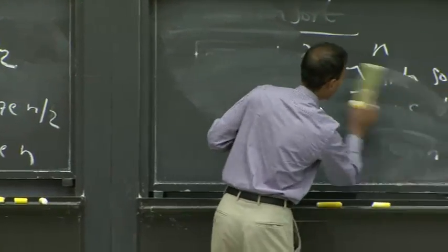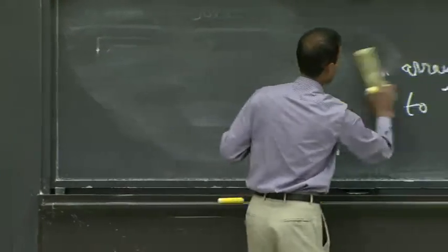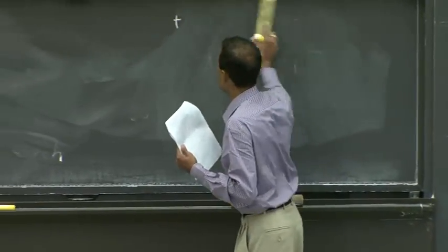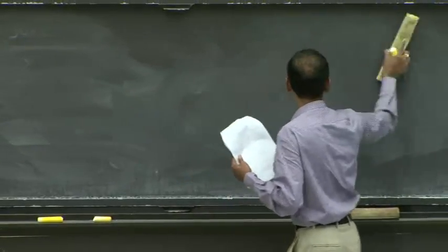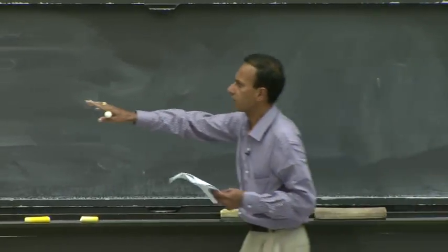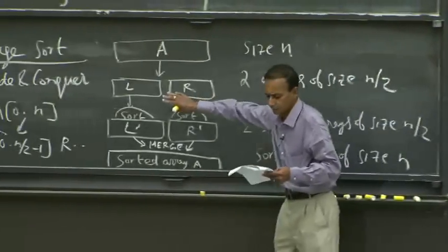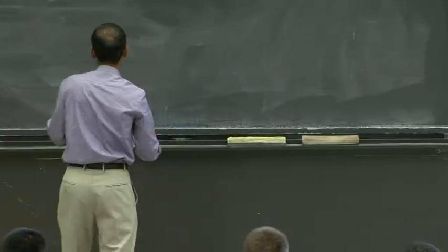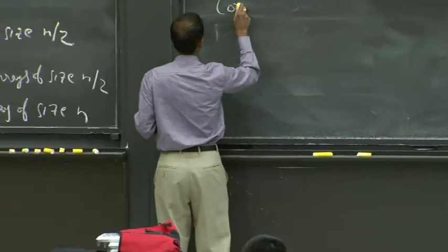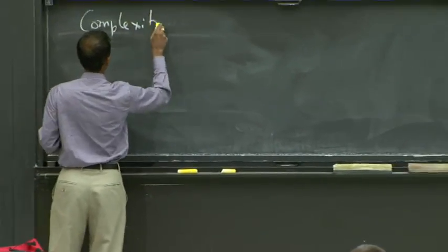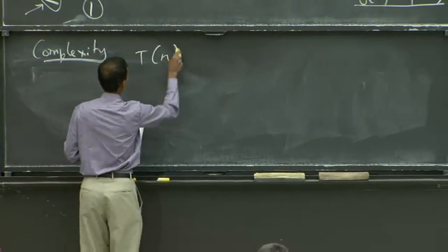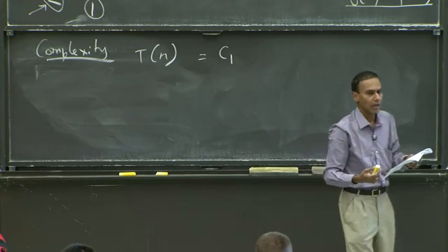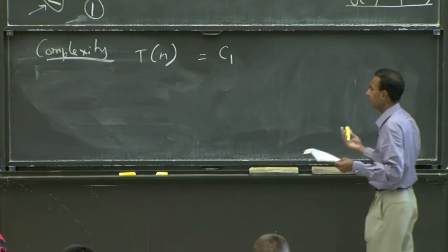So where we're at right now is that we have a divide and conquer algorithm that has a merge step that is theta n. And so if I just look at this structure that I have here, I can write a recurrence for merge sort that looks like this. So when I say complexity, I can say T(n), which is the work done for n items, is going to be some constant time in order to divide the array.